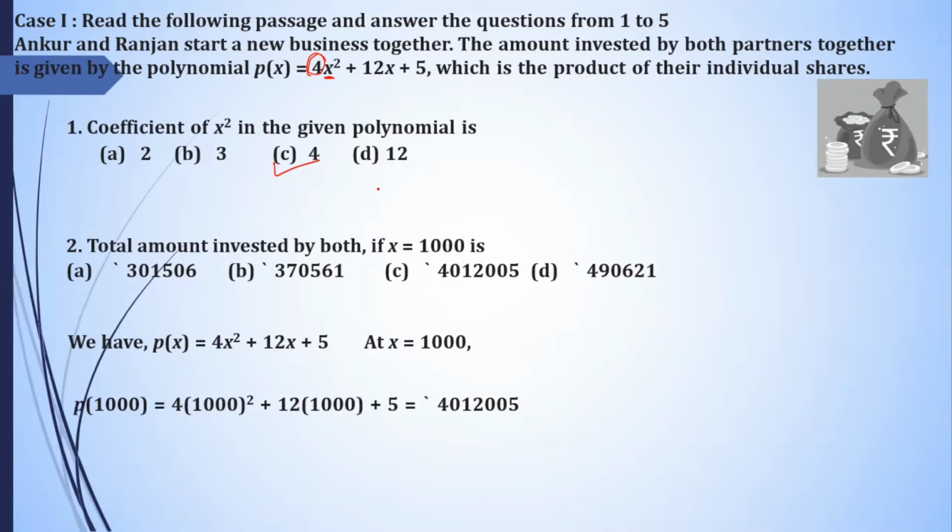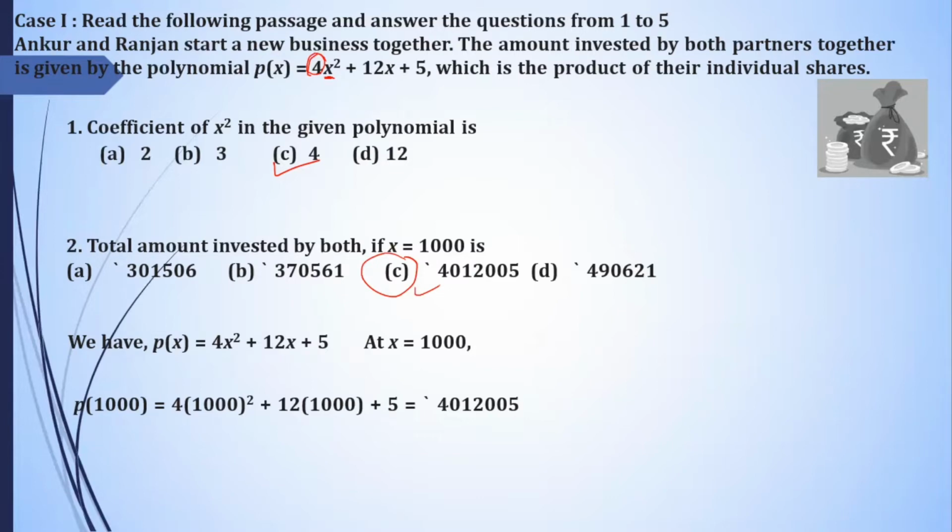So putting x is equal to 1000, we get p of 1000 is equal to 4 into 1000 square plus 12 into 1000 plus 5. On calculating this, we get 40,12,005. So this is our correct answer. Clear, children? Just putting the variable value and simplifying, you get this.